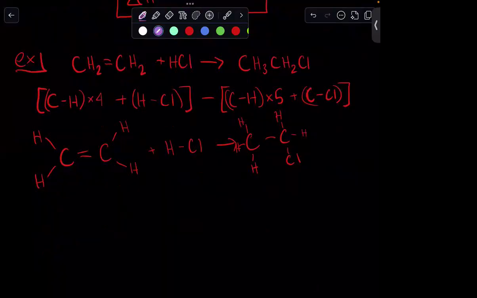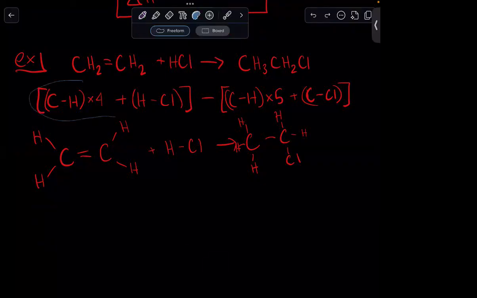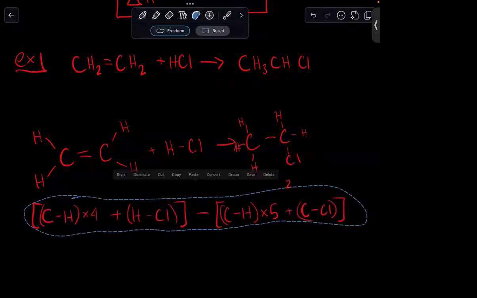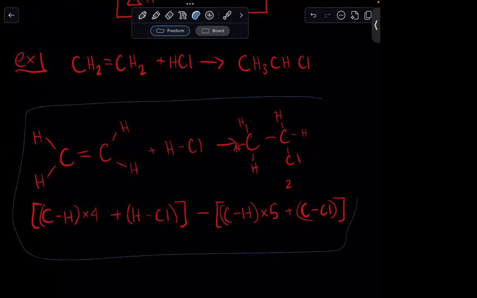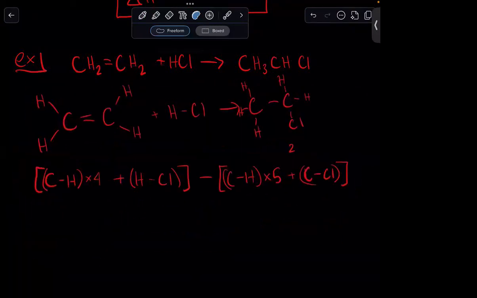All right, plugging in actual values into my equation now. I'm going to switch colors so we don't get super confused. Just scooch all this around so we can analyze the bonds a little better.